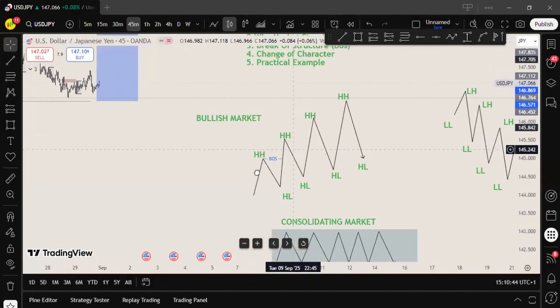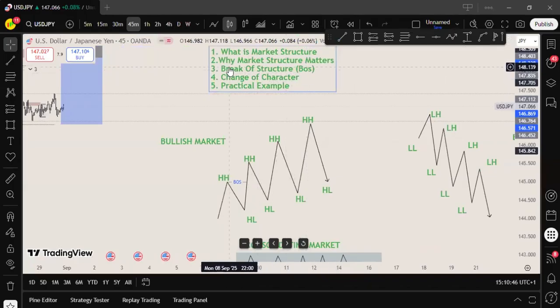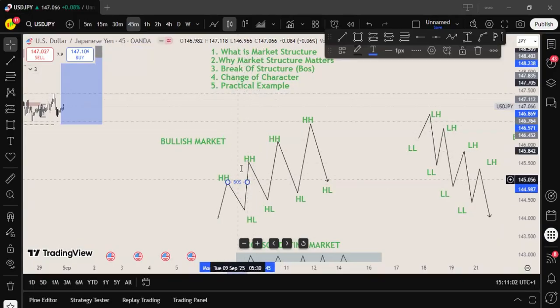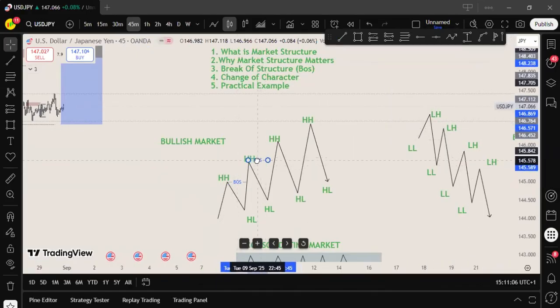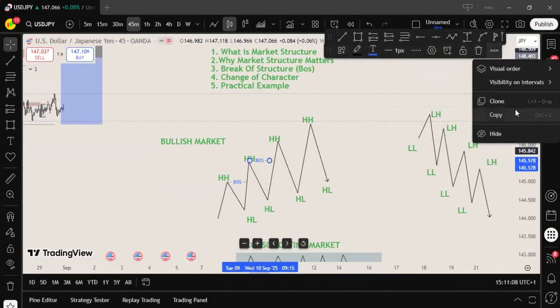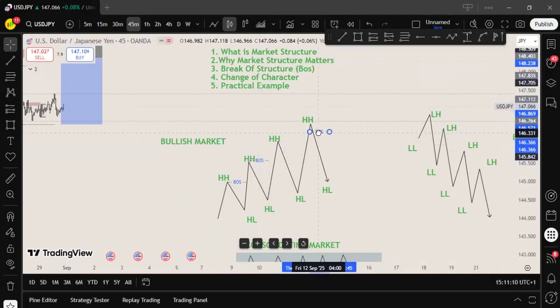BOS stands for break of structure. It means the market is going bullish. In a bullish trend, anytime the market breaks a higher high, it is called a break of structure, and again, break of structure after break of structure.